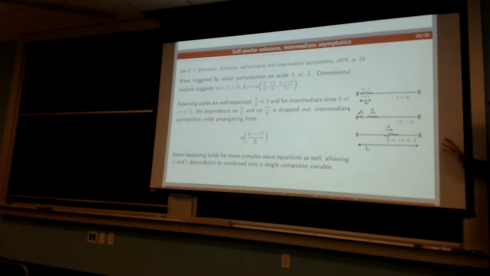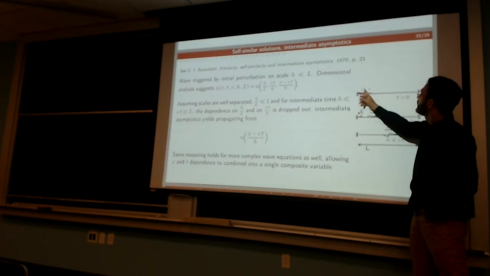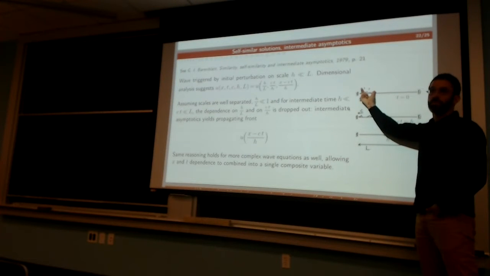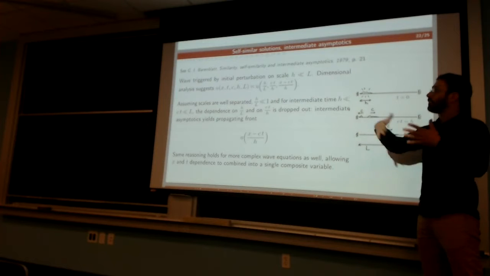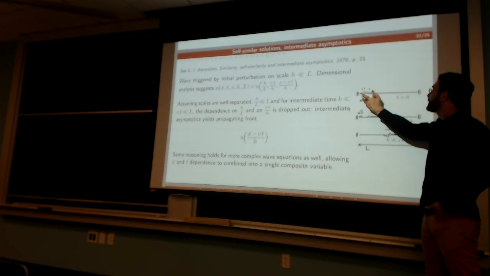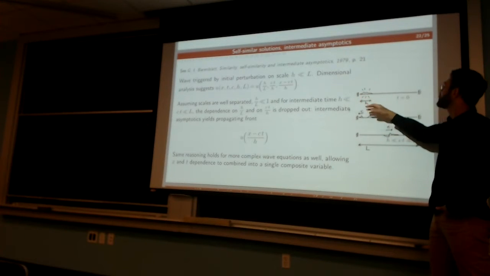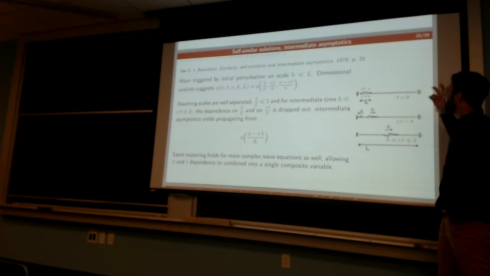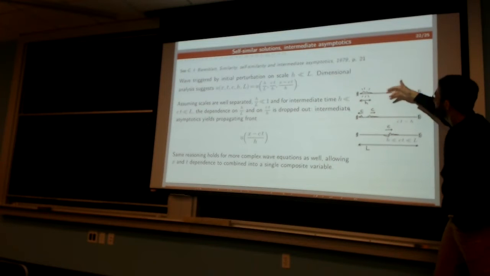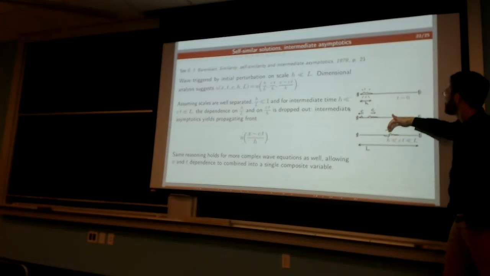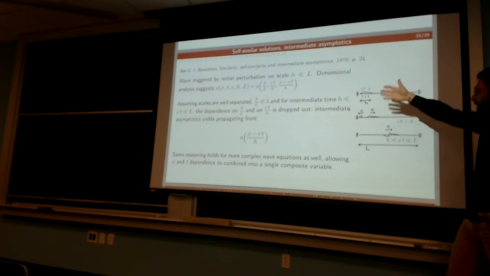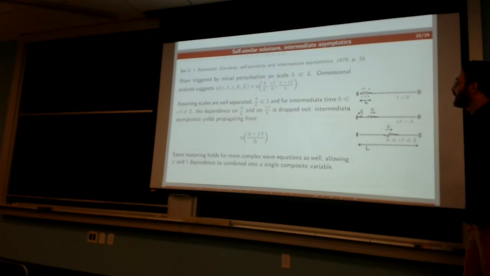If you wait long enough so that the microscopic features of whatever you created in the first place no longer matter, you're talking on a scale which is much larger than these microscopic features, and smaller than the scale of the system.